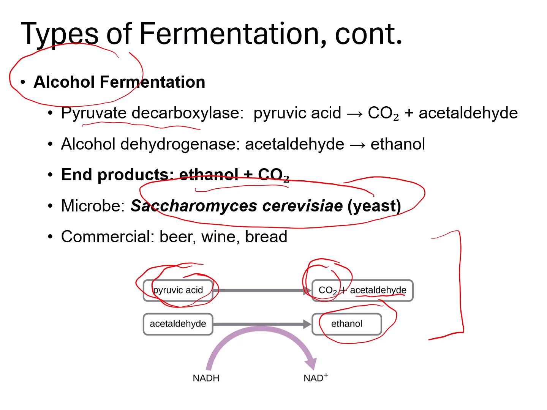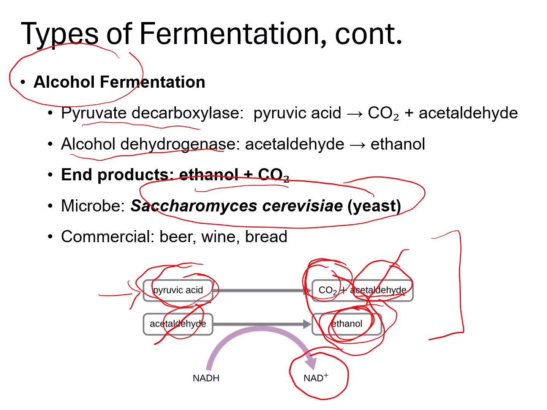Then a second enzyme, alcohol dehydrogenase, turns that acetaldehyde into ethanol. So acetaldehyde kind of cancels out here because it's the product and the reactant in another reaction. So the final reaction shows pyruvate as the reactant and ethanol and CO2 as our products. And again, I'm regenerating NAD+, so it's available for glycolysis to occur.